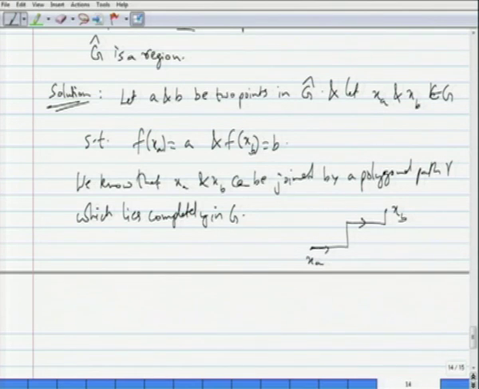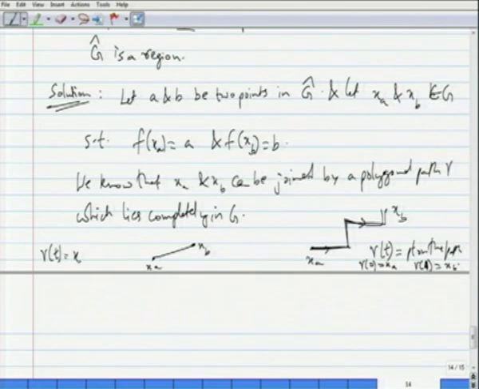What I mean by that is, you can write equations so that gamma of t is equal to any point on the path, with gamma of 0 is x A and gamma of 1 is x B. For example, if you have a straight line segment joining x A and x B, gamma of t can be x A times 1 minus t plus t times x B. T equals 0 gives us x A, t equals 1 gives us x B, and any point here is on the straight line segment connecting x A and x B.